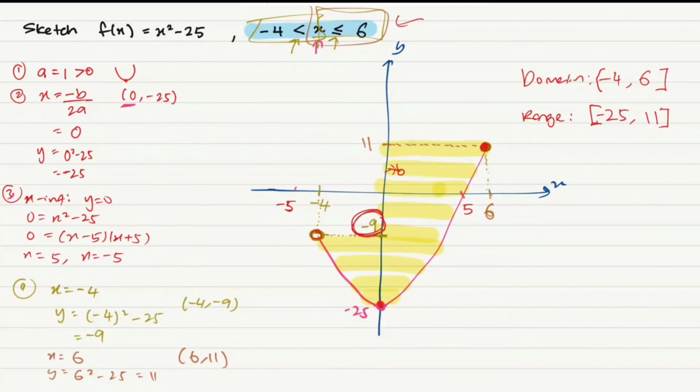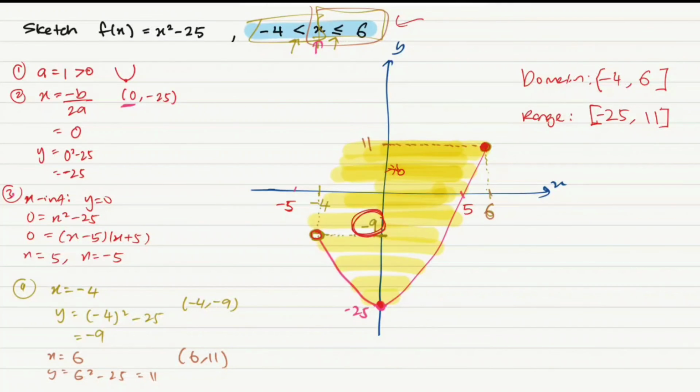Well, because -9 is not the largest value of y for our range, because after -9, here we still have graph. Our Superman ray will still hit the graph. So the range will only stop when our Superman ray does not hit any more graph, like after 11, 12, 13, 14, and so on.